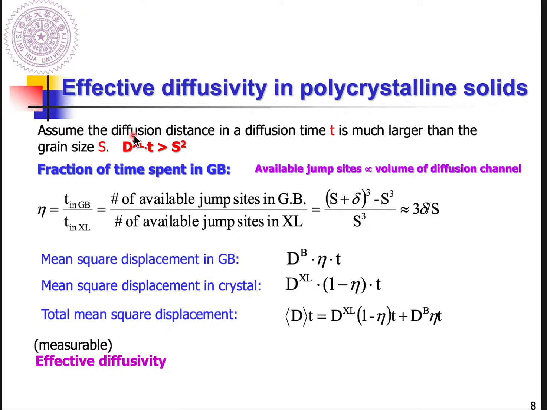So we assume the diffusion distance in a diffusion time t is much larger than the grain size s. So we assume D_L t is larger than s squared, where D_L is the diffusivity in the grain and this is the diffusion length. The diffusion length is larger than the grain size squared.